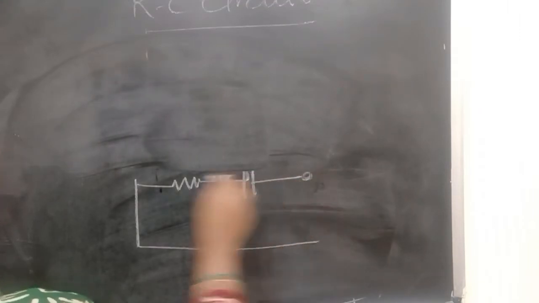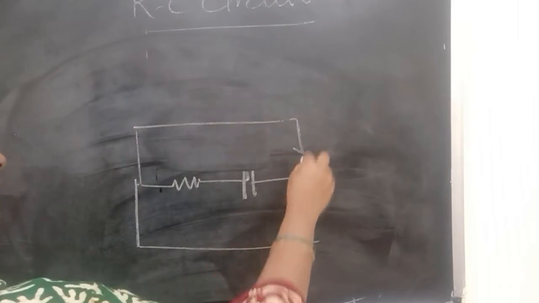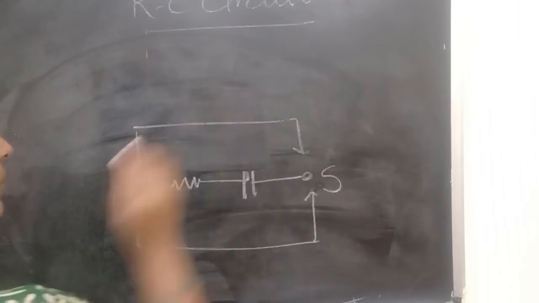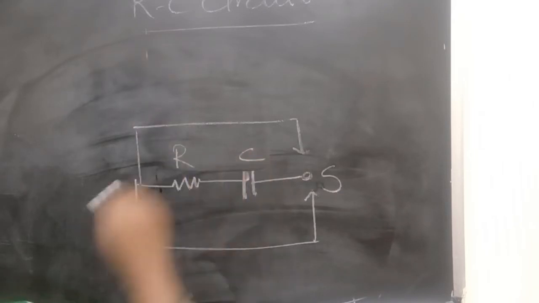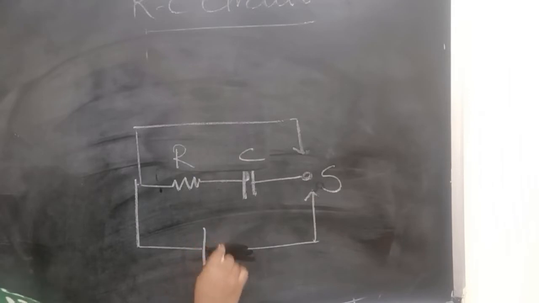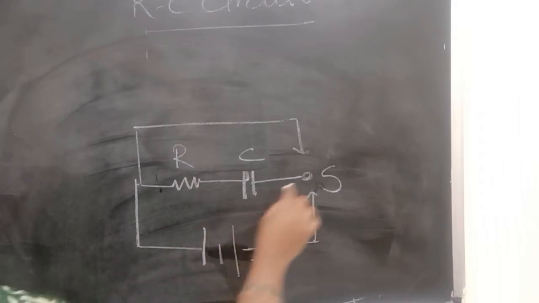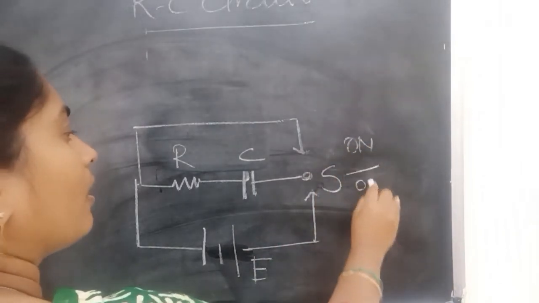There is one key attached to that, and you can also call it a switch. This is R, this is C. And here we will be connecting a battery which is called E. So in this, the switch can be on or off.